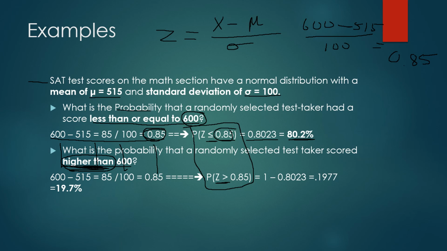If we look that up on the table, it's still 0.8023, but since we're looking for higher than 600, we're looking for the other side. So you subtract the z-score value from 1 to get 0.1977, which equals 19.7% of test takers scored higher than a 600.